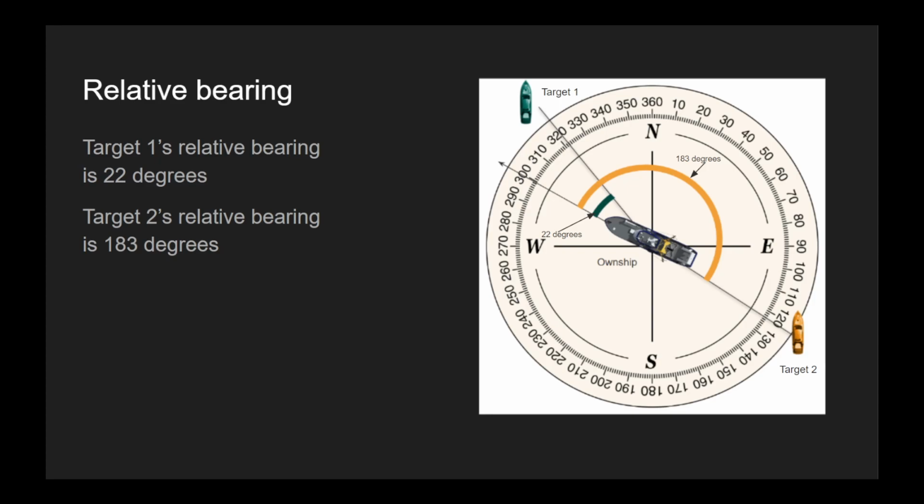Knowing the relative bearing and the distance of the target vessel provides information to help assess the risk of collision. Remember, assessing risk of collision is important since the nautical rules of the road only deal with the target that we assess to have a risk of collision with our own ship.